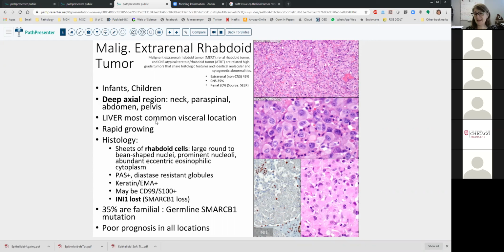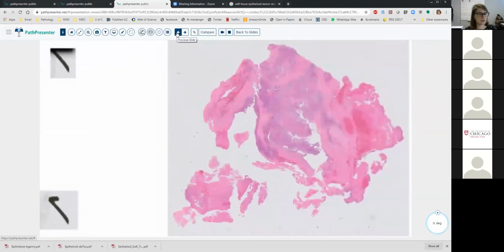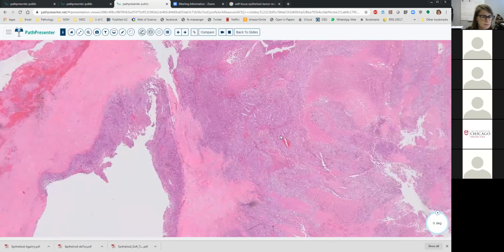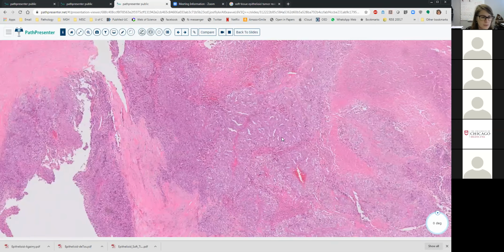So I put these together in my thought process: these are really similar, but have different clinical contexts, if that helps. Okay, it's already 8:55, so if anybody doesn't have questions, let's move on.